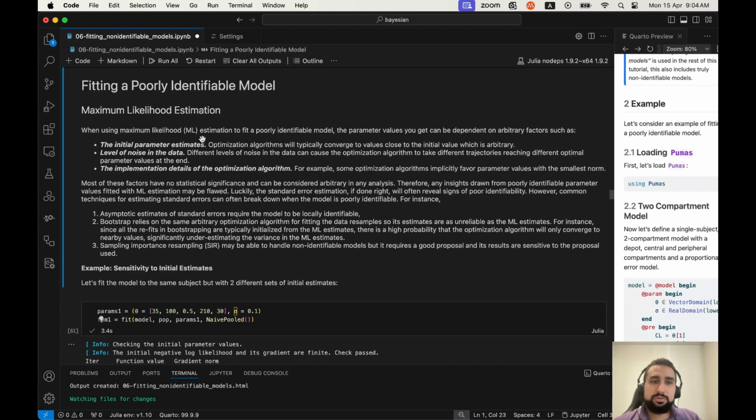Maybe what you're trying to do is get an idea about how widely dispersed your parameter values are in the posterior. How much can I change these parameter values and still get a good model, and maybe still get some useful insights from that, right? So fitting poorly identifiable models is still a valid goal, even if your model is not perfectly identifiable, given your data or your experiment design.